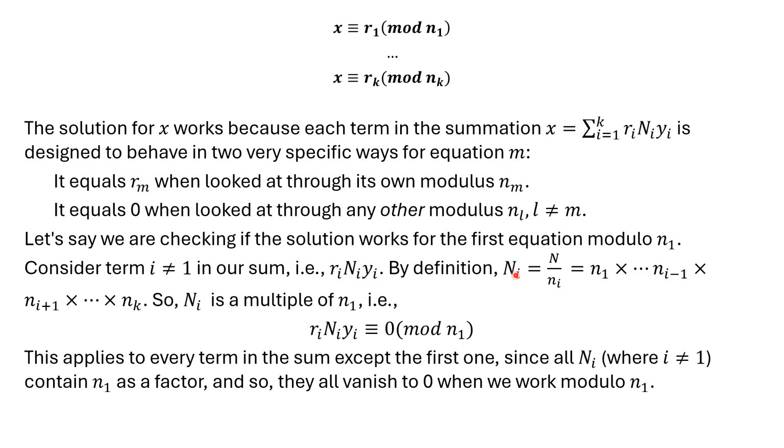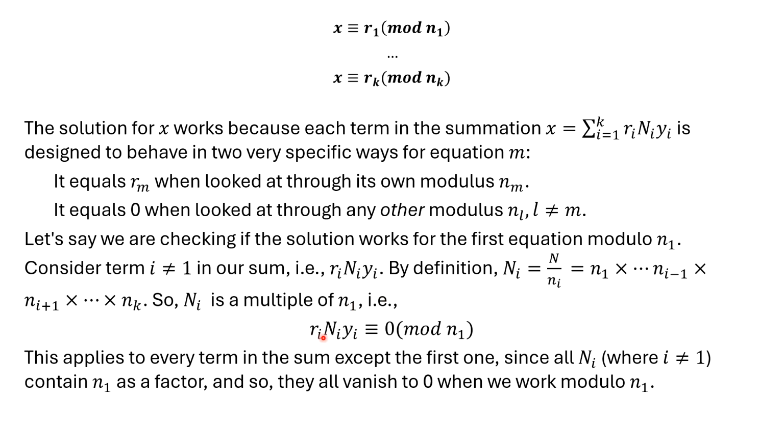If we look at our capital N sub i, we're basically dividing out the n sub i, but since we're assuming i doesn't equal 1 here, we have an n sub 1 term in big N sub i. So capital N sub i is a multiple of n sub 1.